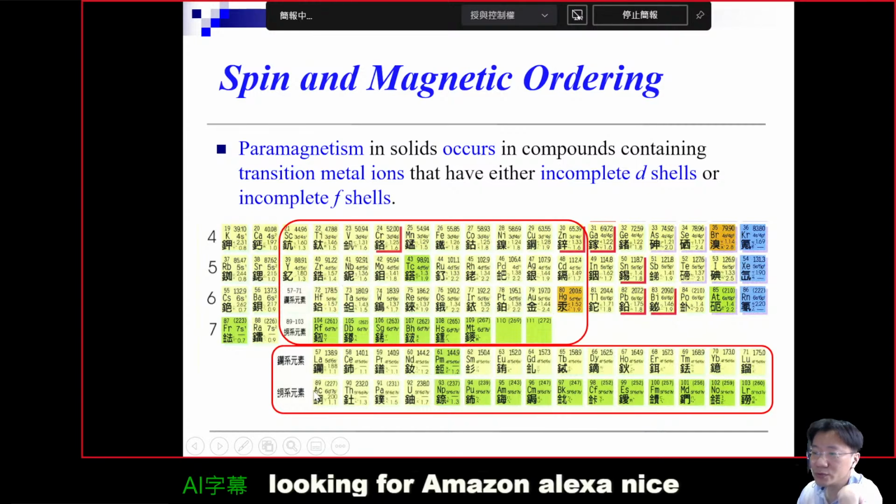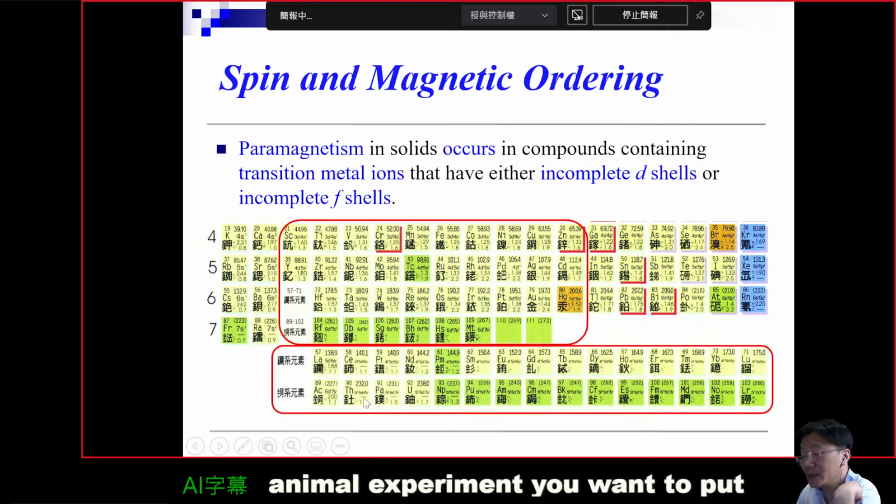Of course, you don't want to make this magnet from the actinide elements here, because they are all radioactive elements. You don't want to put radioactive elements near your body, right?